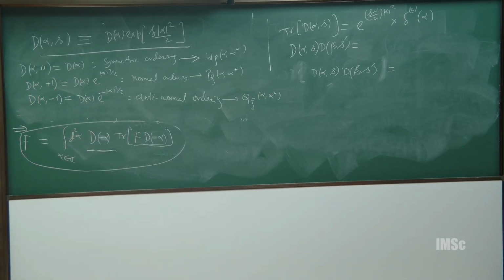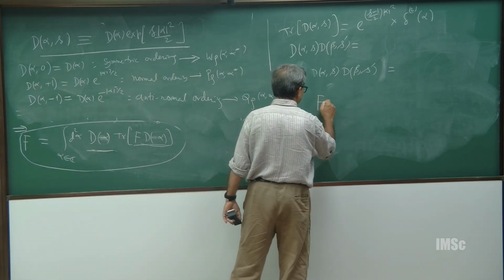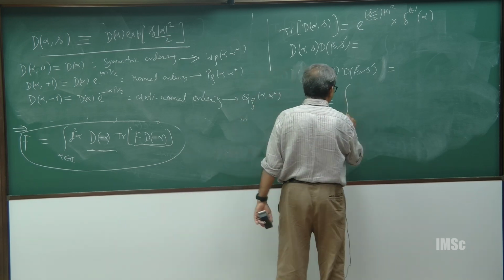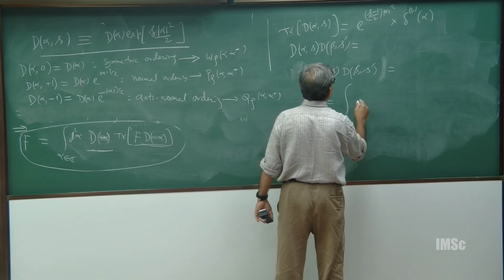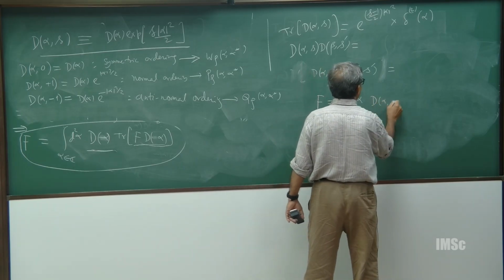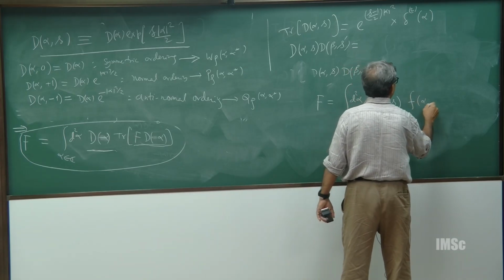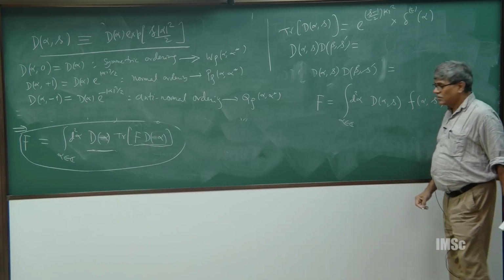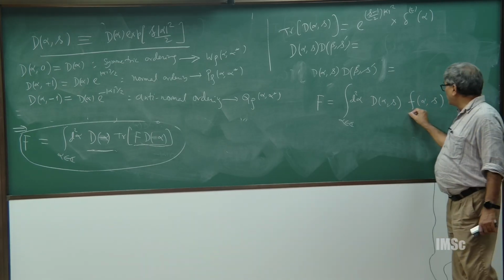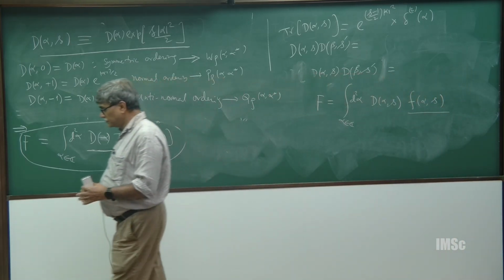For fixed s, they will form an orthogonal basis, and so you can express any bounded operator again as a linear superposition of D of alpha, s with some function which I am calling f of alpha, s. You can figure out what f of alpha, s is in the same way as what we have done.